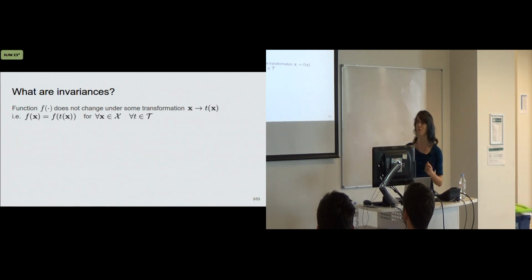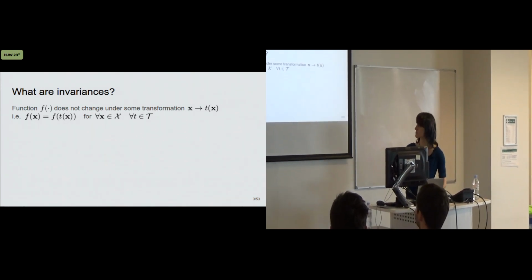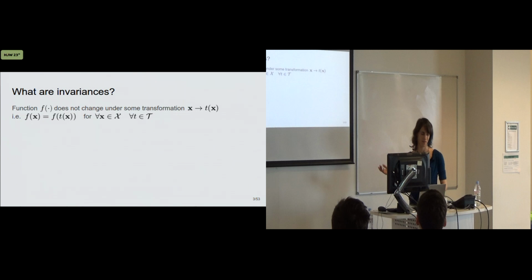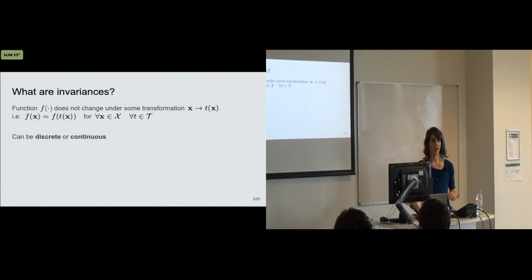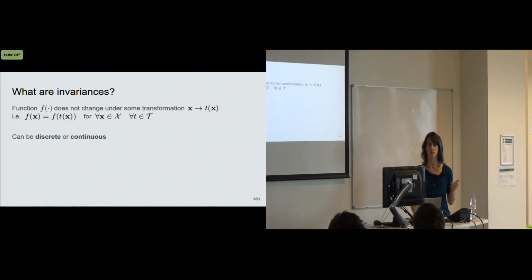And an important point is this has to hold for all points in the domain of your function, and for all transformations under which you want to be invariant. And these invariances, they can be discrete or continuous.